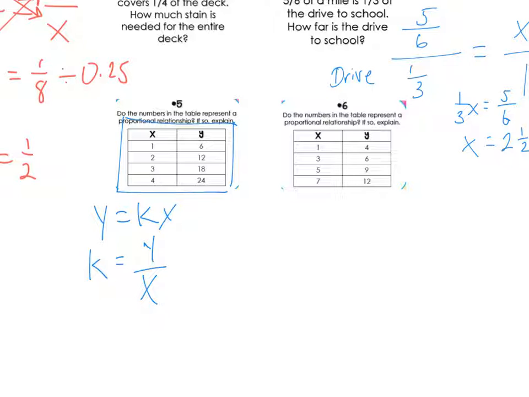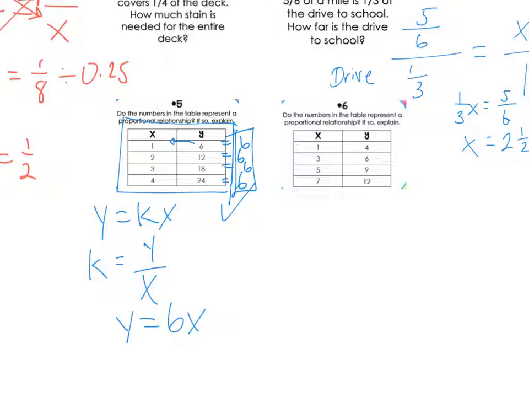So take 6 and divide that by 1. That equals 6. Take 12 divided by 2, 6. 18 divided by 3, yep. 24 divided by 4, 6. So is this one proportional? Yes. My constant of proportionality would be 6, and the equation would be y equals 6x. Now remember, all of these have to be 6. As soon as I get one that's like 5 or 4.5 or 7, then it's not proportional.